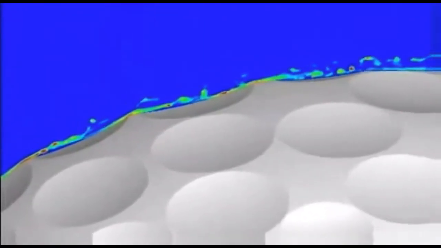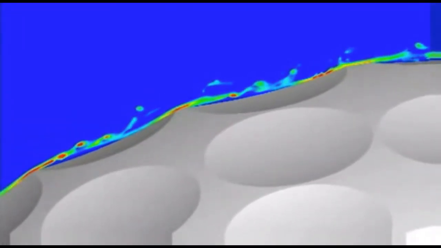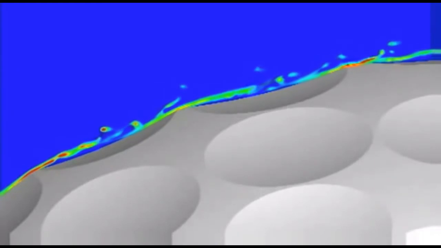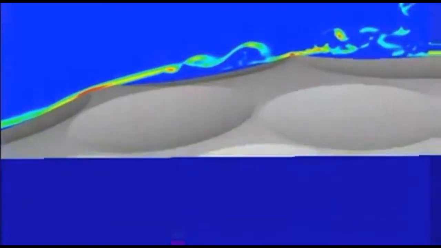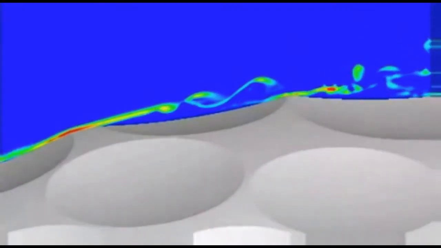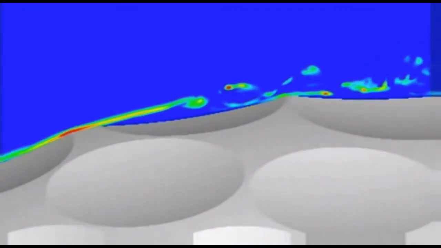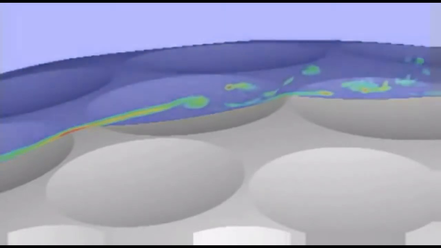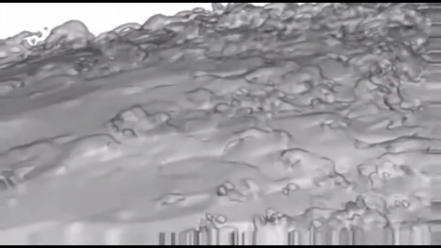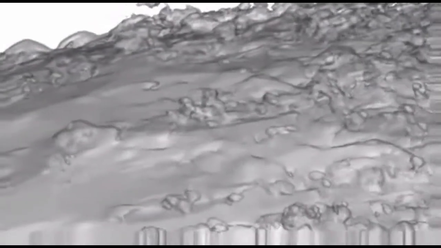Closing in now on the air's behavior around just a pair of dimples, we see the airflow evolve from front to back. Watch now within a single dimple as the air detaches and shears away, varying with the stream's direction. We see that the cumulative effect of the vortices pulls air down onto the ball, delaying energy-wasting separation.